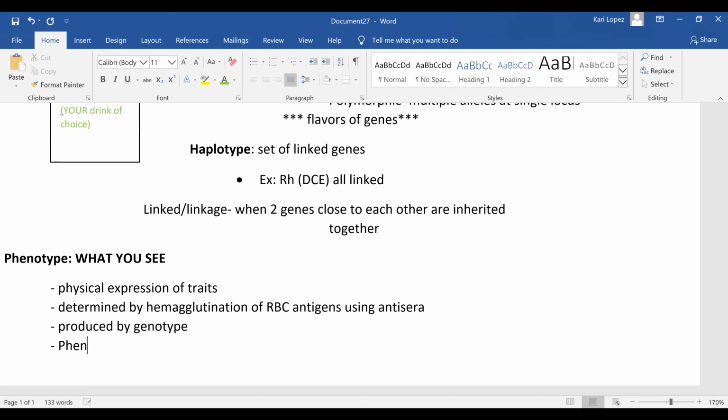And then there's a phenotype calculation. What that does is enable you to find a unit of red blood cells with certain antigen characteristics.